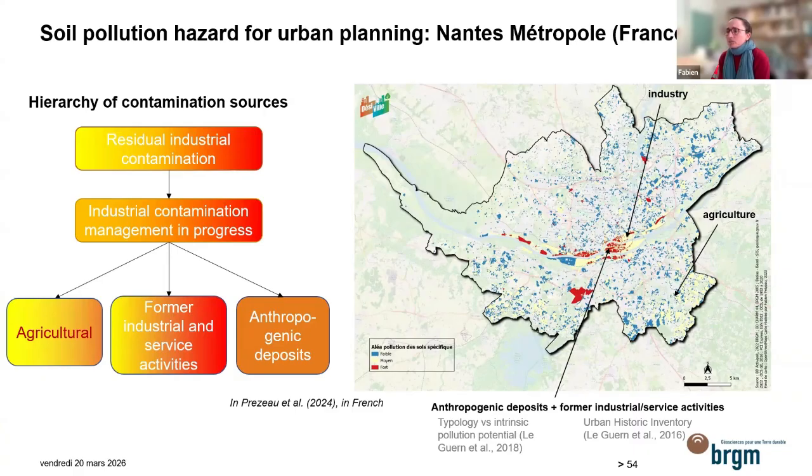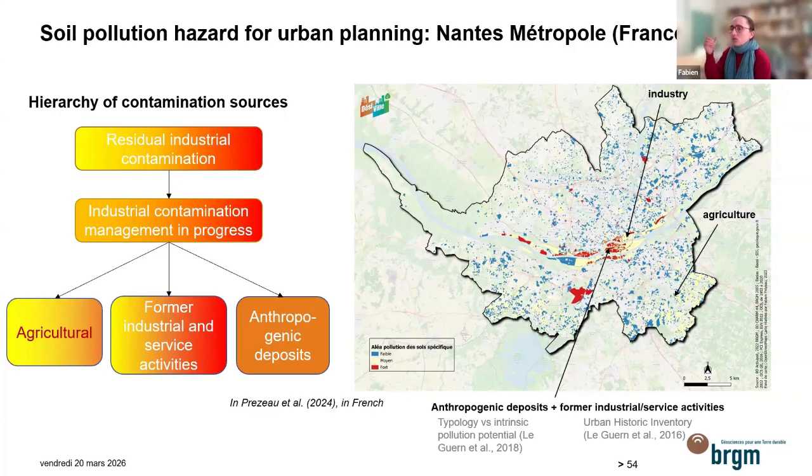So in the map, the red parts have a higher pressure than the yellow ones and the blue ones. For instance, in some places the pressure is linked only or mostly to industrial activities. In some other places, it's linked mainly to agriculture, to the right.